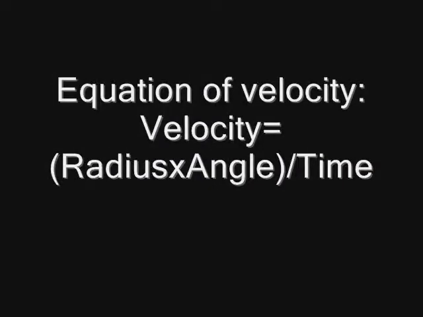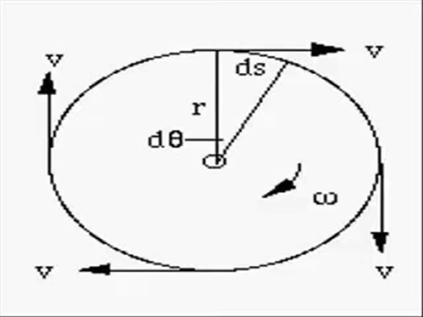I'll explain with this equation. Velocity equals radius times the angle all over time. Now, in this picture, as you see here, there are 4 different points where the velocity is going in a specific direction, which is the tangent line because it's going clockwise.